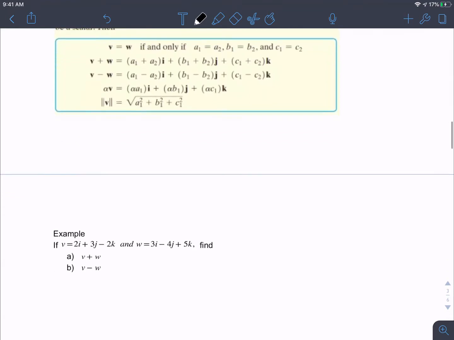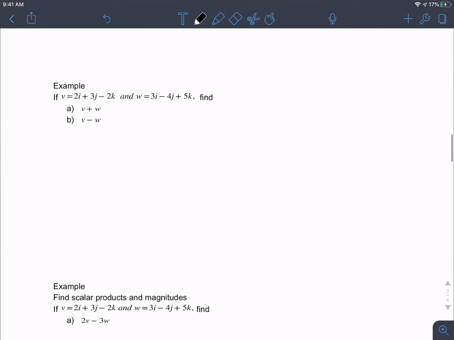Alright, so let me do this v plus w one first. So v plus w is simply going to be 2i plus 3j minus 2k plus 3i minus 4j plus 5k. And we just add the things that are similar.